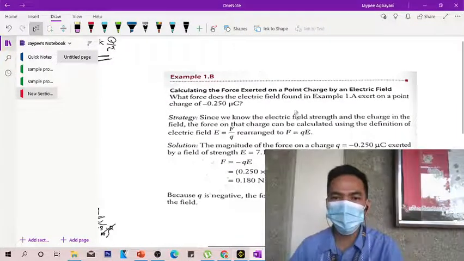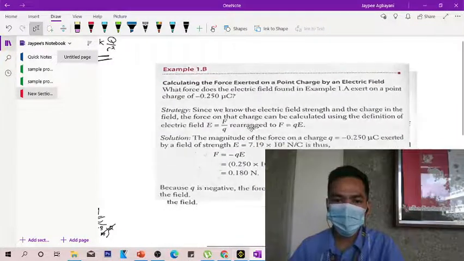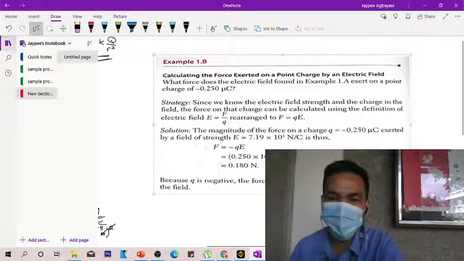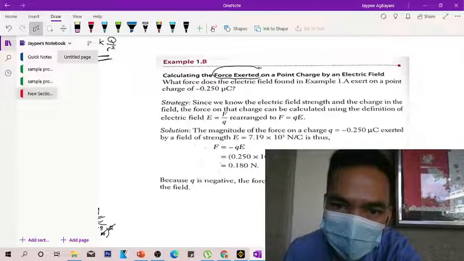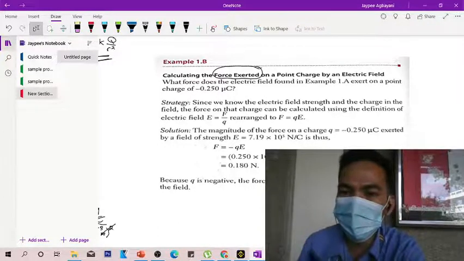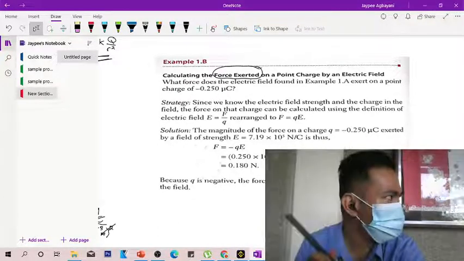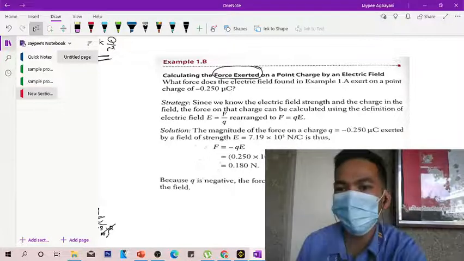So, example 1.b. It says here that we need to calculate the force exerted on a point charge by an electric field. This is the force that we will calculate.